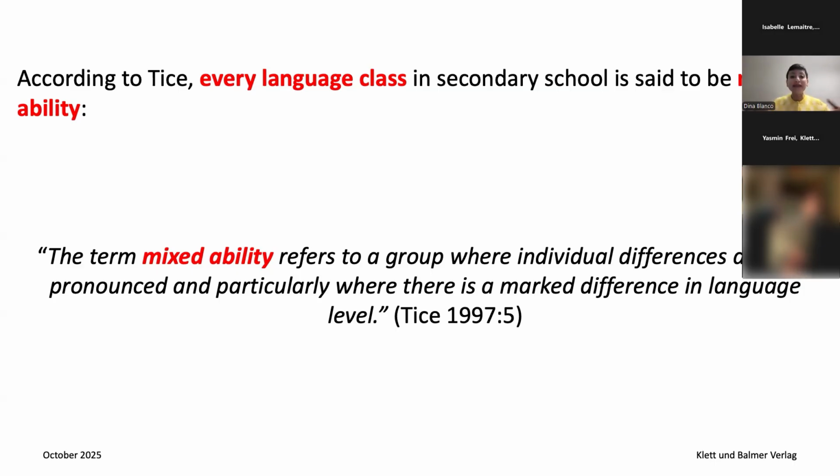So we have a range of levels in one class, and that can be our struggling or the low-level learners, and also learners, which is the main focus of our workshop today, that possibly need more of a challenge. So we know that the term mixed ability refers to a group where individual differences are very pronounced. And this can be according to the different productive and receptive skill levels.